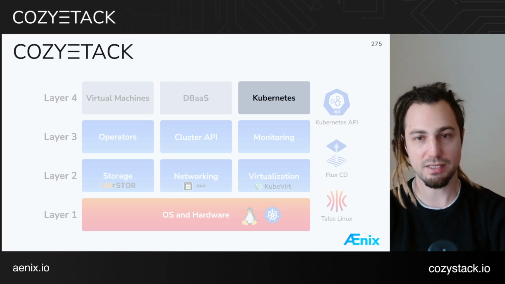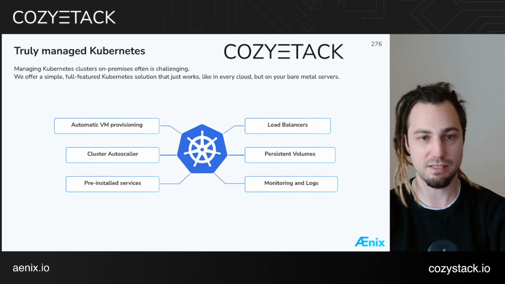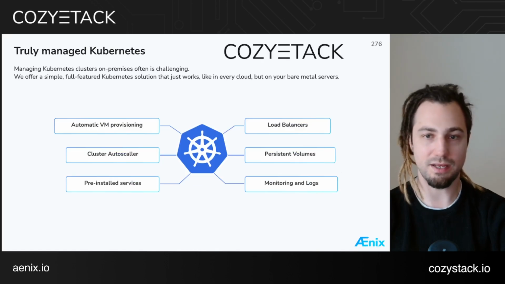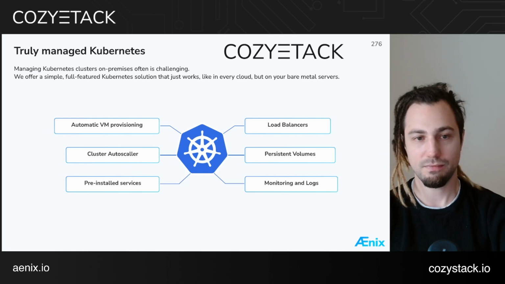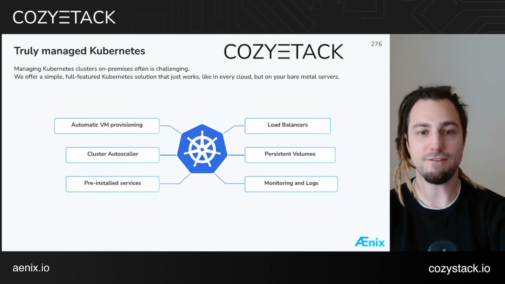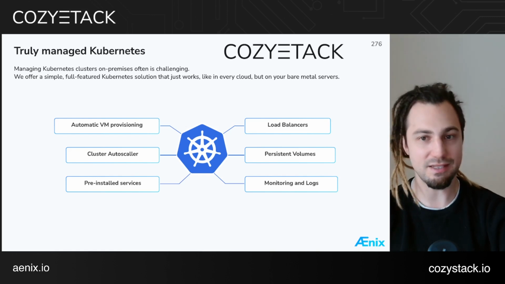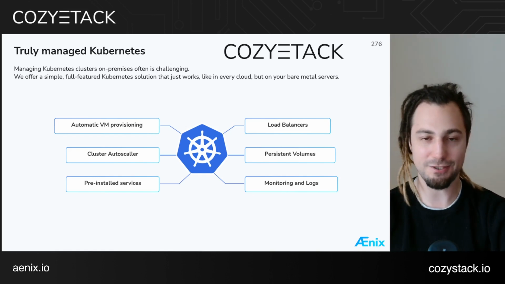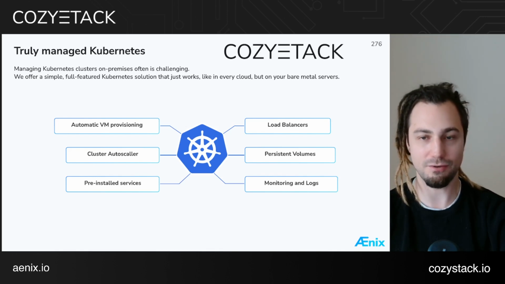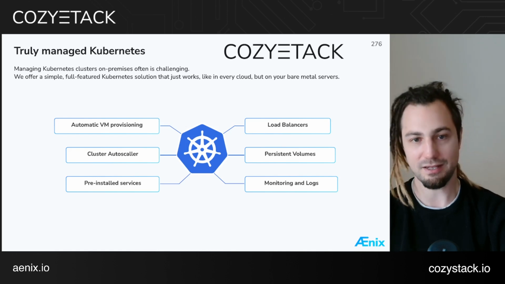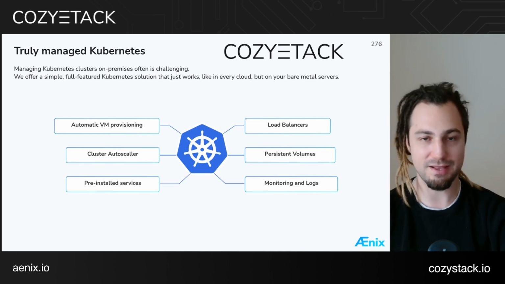The more interesting part is how Kubernetes is organized. Since we provide a fully functional Kubernetes cluster, what does it mean, fully functional? Actually, it is not just simply installing Kubernetes on virtual machines and giving it to the user. You need to enable persistent volume provisioners. You need to have load balancers, cluster scaling, and all of these things.